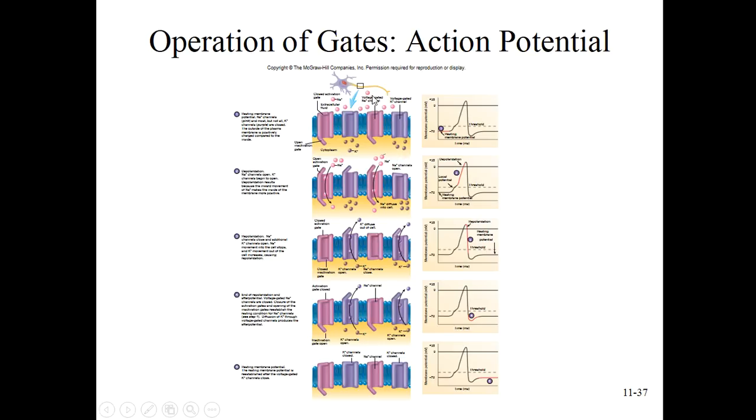In order for the sodium to leak in, it's going to have to use a sodium channel. And in order for the potassium to get out, it's going to have to use a potassium channel. But because we know the plasma membrane is impermeable to these ions, and at this point all the doors are closed, the sodium can't get in and the potassium cannot get out. It's also true that there are very large negatively charged proteins on the inside of the cell.